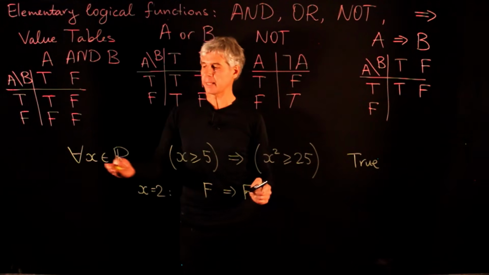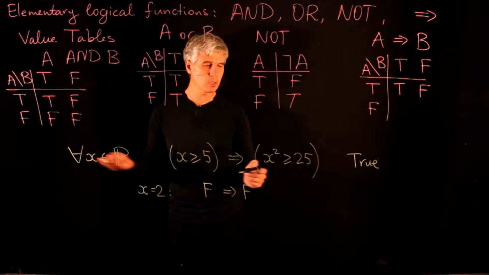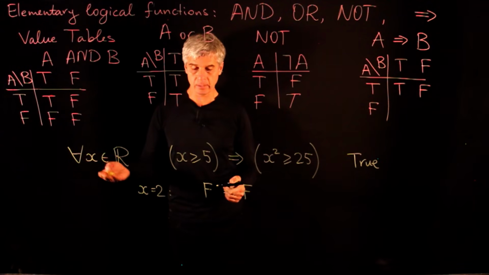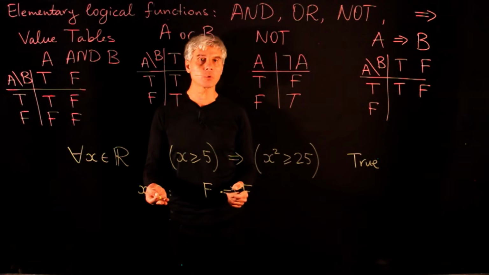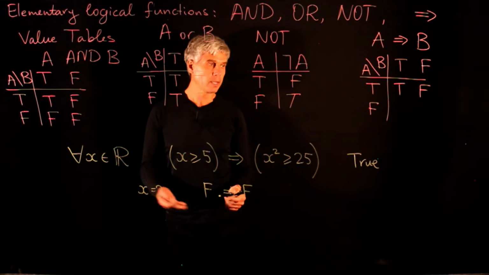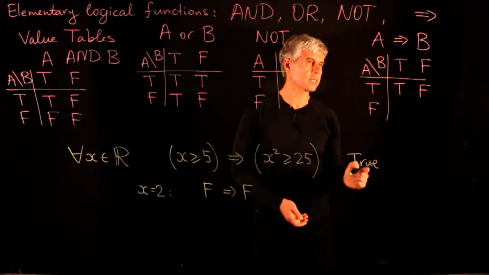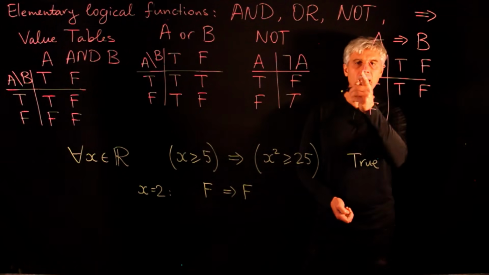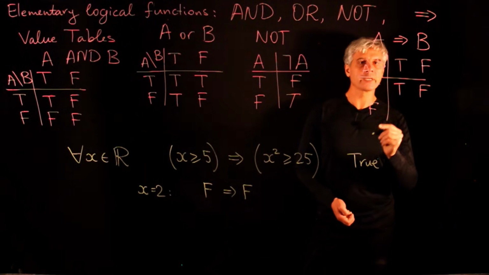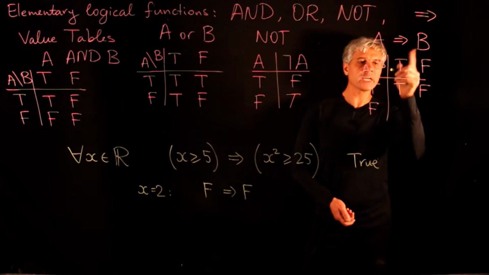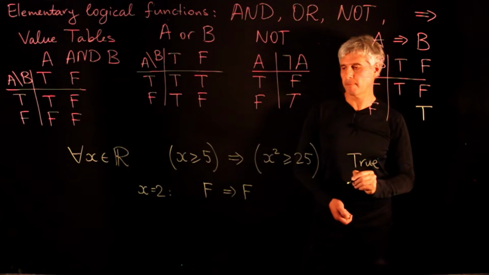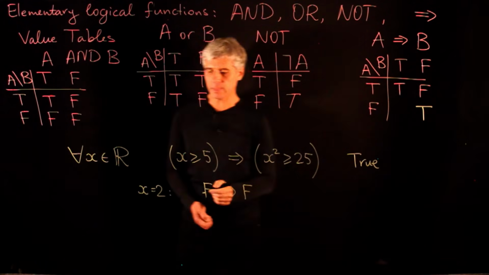But what we said is that this must be a true statement for all x. So this means that this is also a true statement for x equals 2. And so this tells us that when A is false and B is false, then the statement A implies B is a true statement.